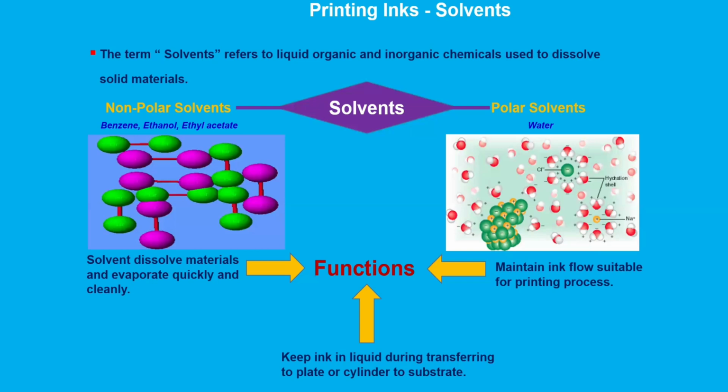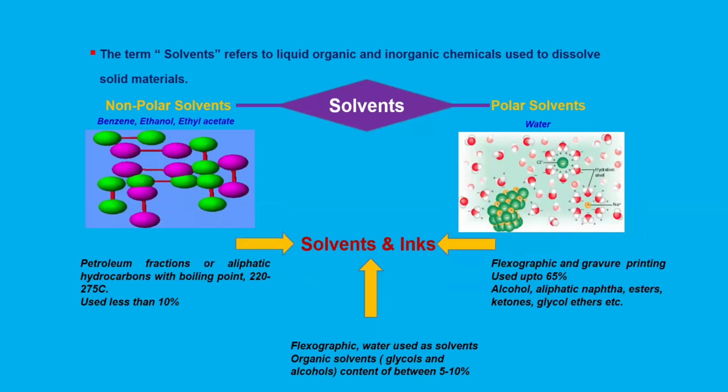Whether you are using water-based or solvent-based, this is the fourth component of printing inks: solvents. Some solvents are organic, like benzene, ethanol, and ethyl acetate, and water is an inorganic solvent that helps us dissolve the materials.